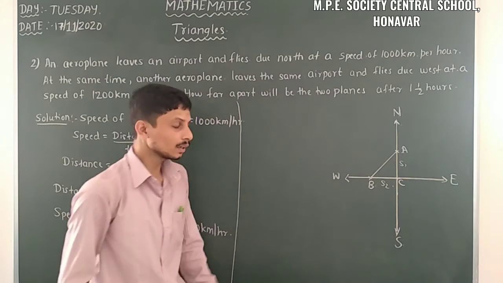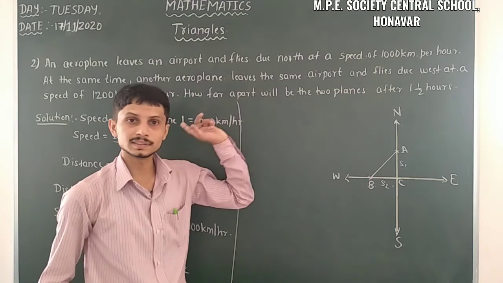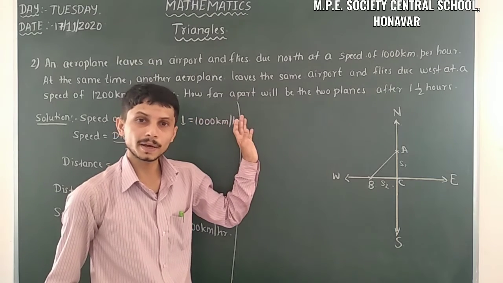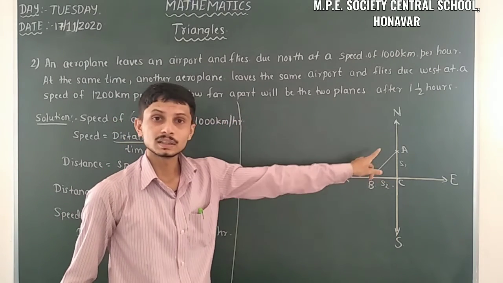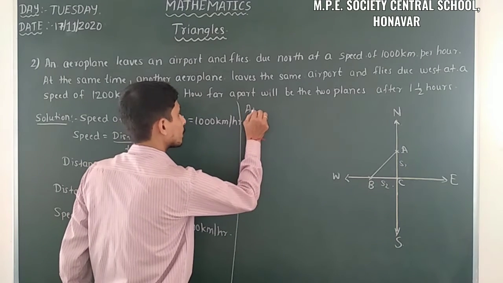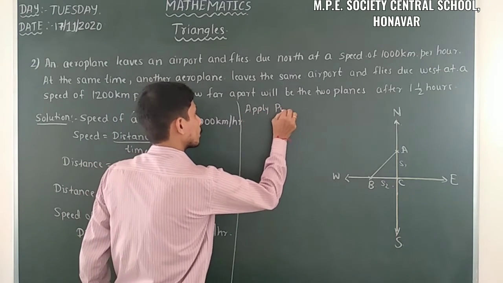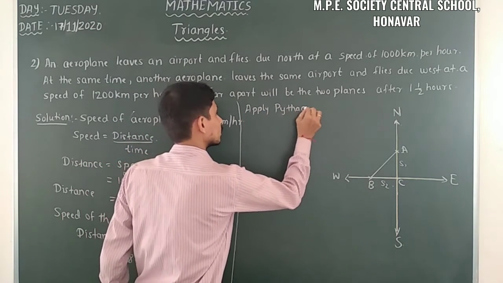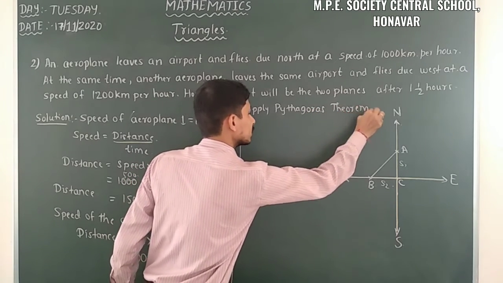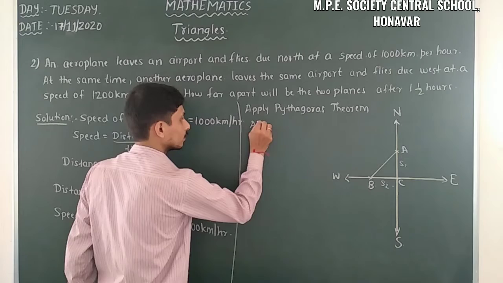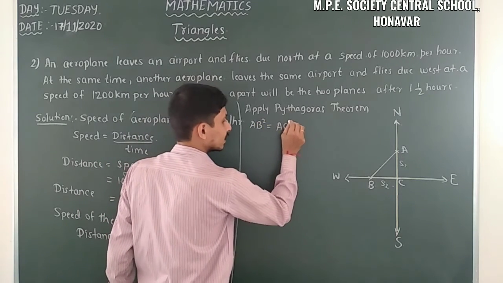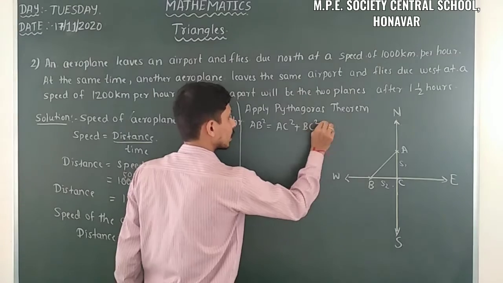We want this side, that's why we apply the Pythagoras theorem on triangle ABC. Apply the Pythagoras theorem: AB square is equal to AC square plus BC square.